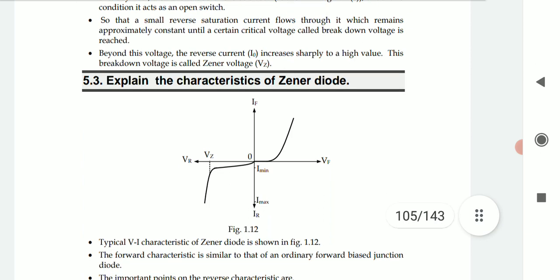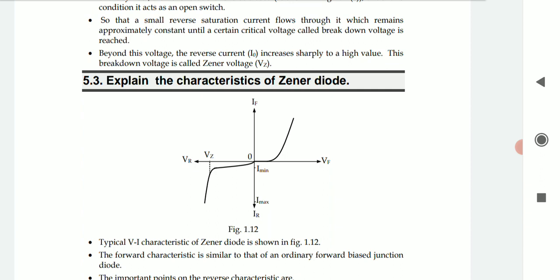Okay. The VI characteristics of Zener diode are similar to the p-n junction diode VI characteristics, except that the Zener breakdown voltage is lesser than the avalanche breakdown voltage which occurs in p-n junction diode. So up to VZ, the characteristic curve is similar to the p-n junction diode reverse bias characteristic curve.